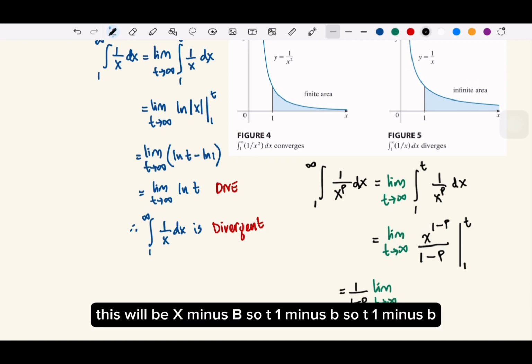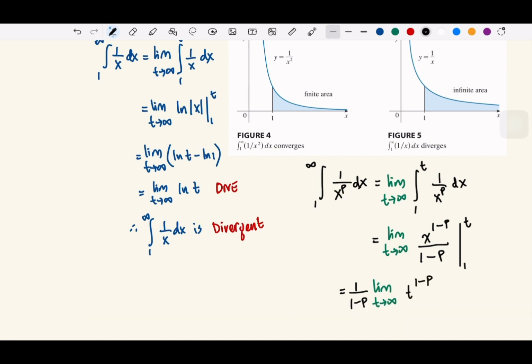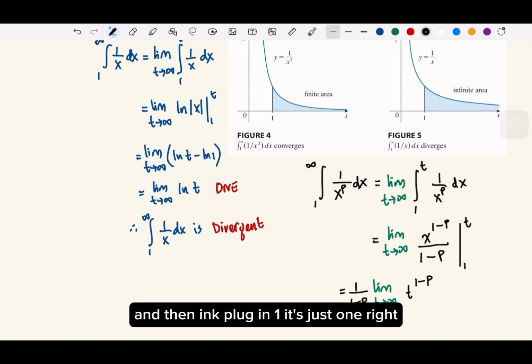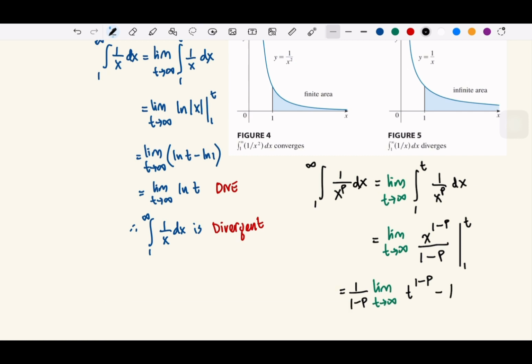This will be x to the minus p, so t to the 1 minus p, and then plug in 1, it's just 1, right? Because 1 minus p is a constant.